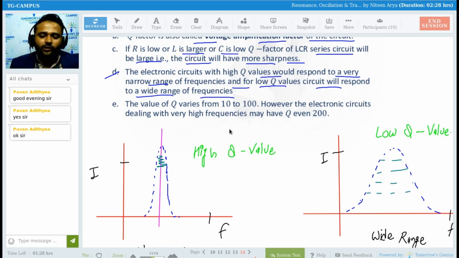A narrow range of frequency: only one person is allowed for that particular QR code. Clear, everyone? Only one person, not the whole community or your parents or your friends. The Q value varies from 10 to 100. However, an electronic circuit dealing with very high frequencies may have Q even 200. This is 0 to 10 hertz, and this is 200 hertz.